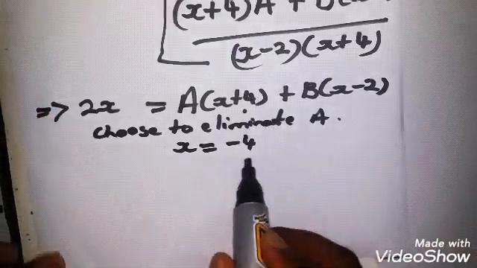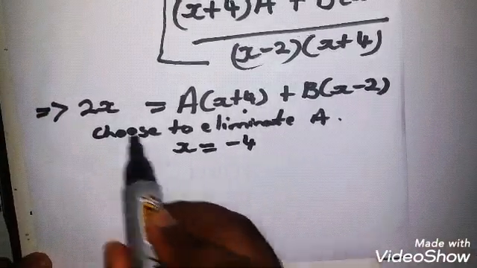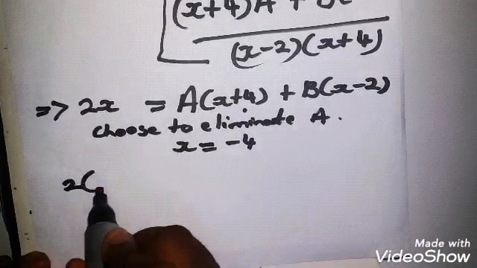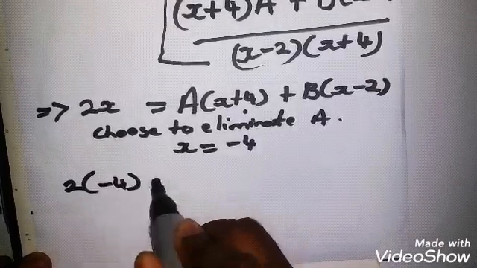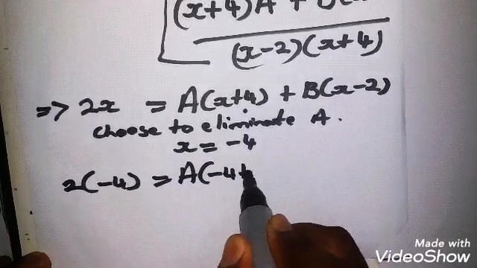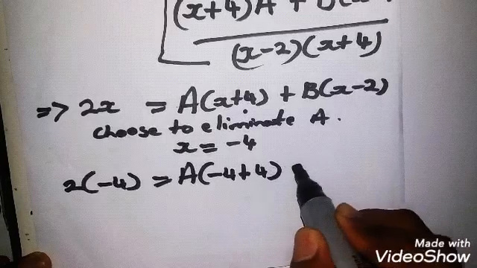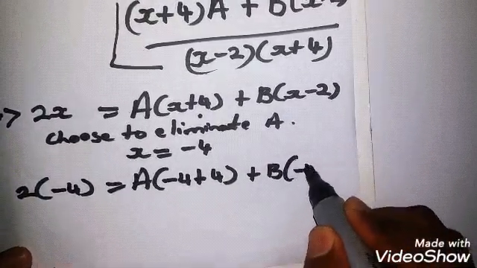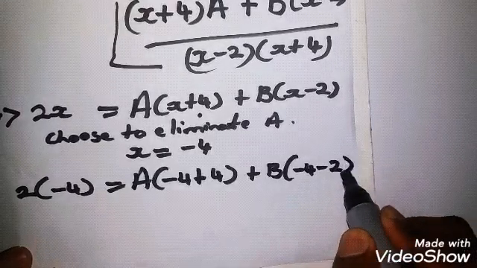Now we rewrite our equation, substituting x equals -4. So we have 2 into -4 equals A(-4 plus 4) plus B(-4 minus 2).